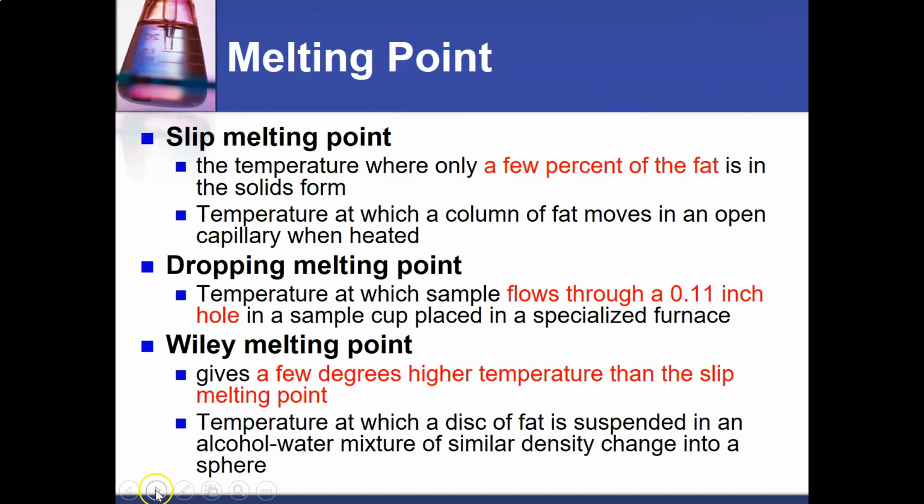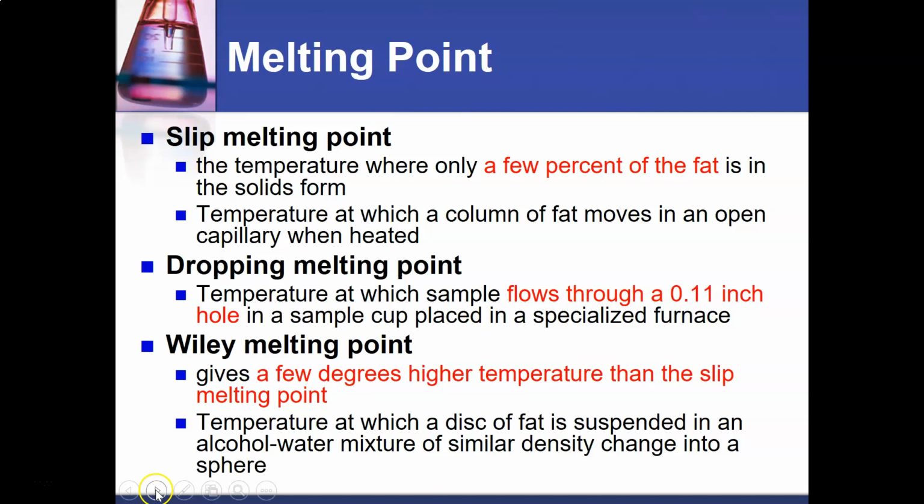And then we have dropping melting point. The temperature at which the sample flows through a 0.11 inch hole in a sample cup placed in a specialized furnace. So for this one you need a furnace and you also need a sample cup. Okay, so different apparatus used will give you different types of melting point result.